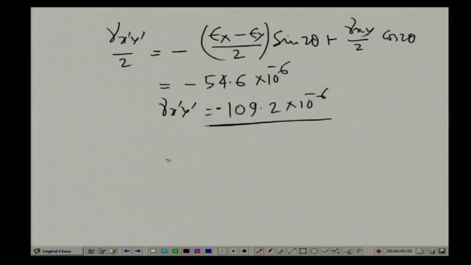So, you see initially we had the element in this form, and we had a strain which is positive in the x direction, and a strain which is positive in the y direction. So, this is the positive strain, and then gamma xy also is positive, which means the angle is reducing, which is in this form.